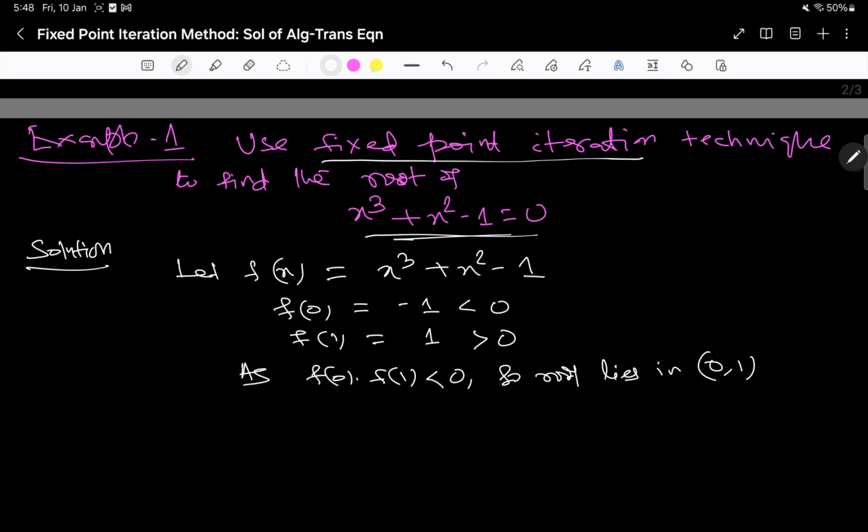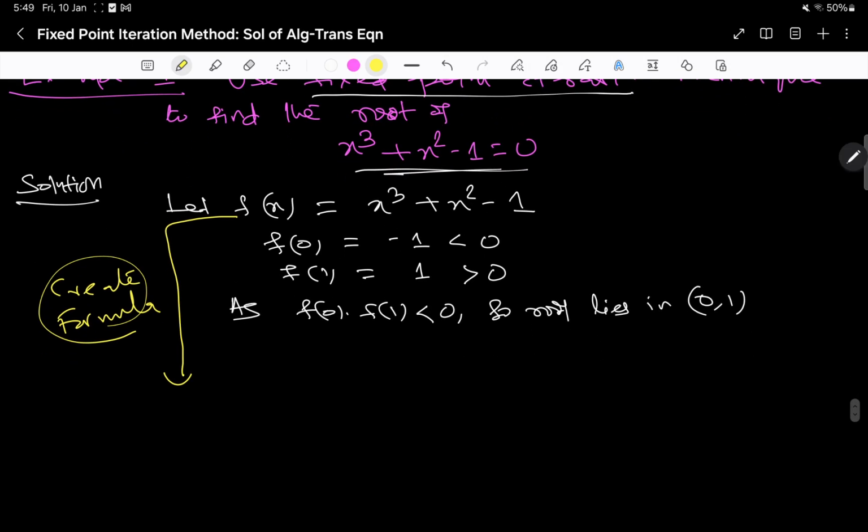So now we rewrite it, we try to create the formula. How to create the formula? In one aspect, I write x cube plus x square minus 1 is equal to 0. So what is my x cube here? x cube is 1 minus x square.